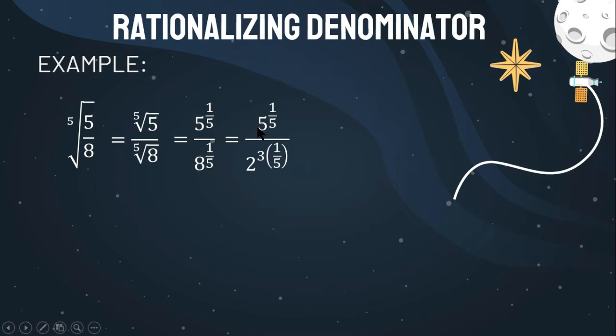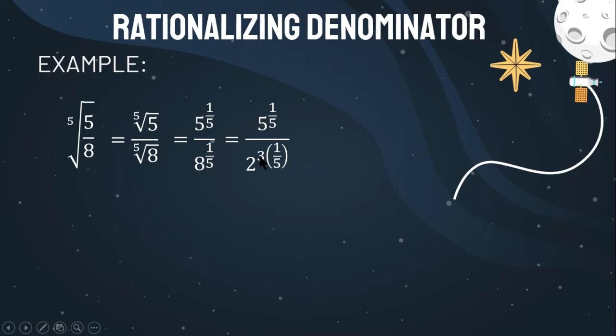Before we multiply something, I just simplify 8 because 8 is equal to 2 raised to 3. You can just do that or not. It's up to you. As long as you are correct in using the properties, then your answer is always correct. Okay, so 8 is 2 raised to 3.